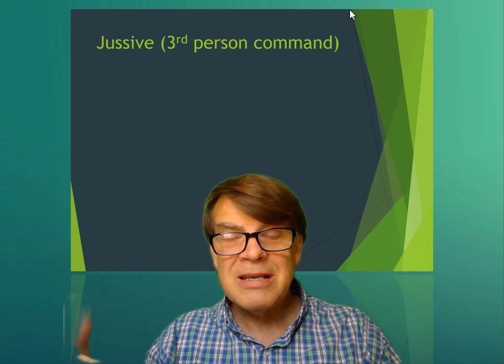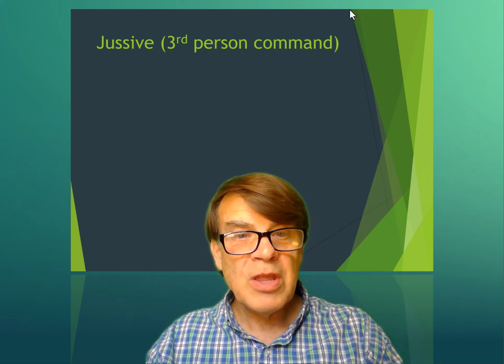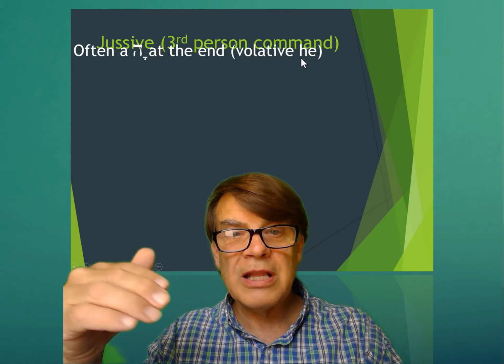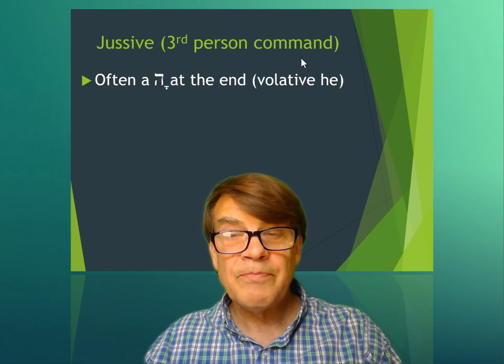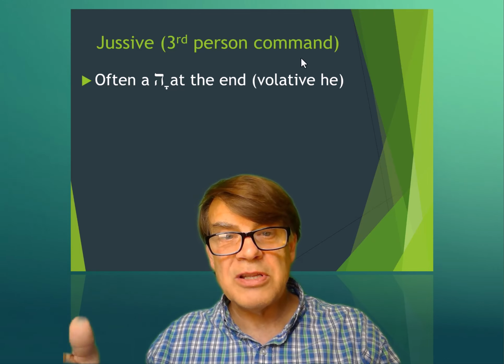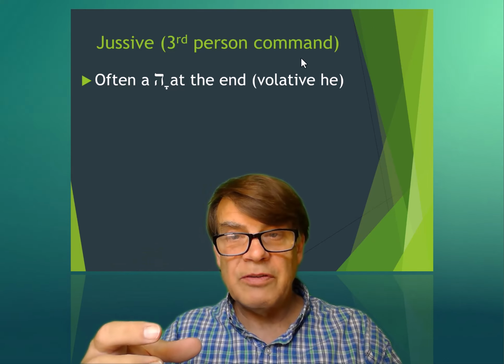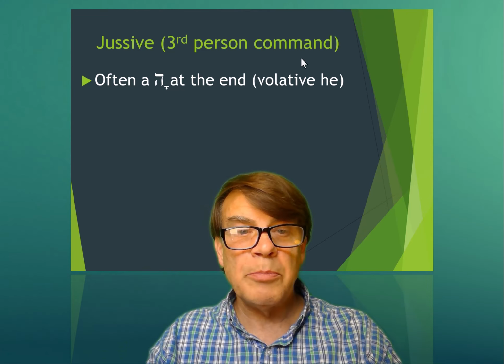If you want to say let him go, let it go, let it snow, if you want to say let him or let her or let them do something, you could make a command, and we kind of have to use a "let" in English to translate. You could use this kind of command called a jussive, and it was basically an imperfect form.